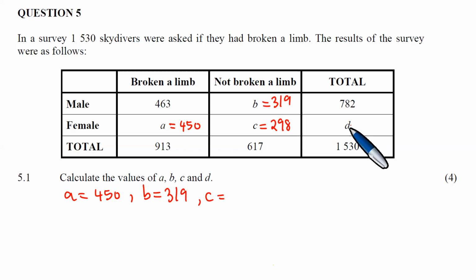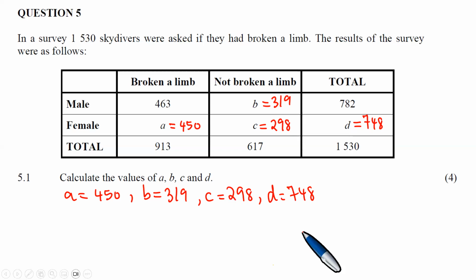Now D must be the number which, when added to 782, gives us 1530. D is actually 748, so 782 plus 748 gives us 1530. We were saying C is 298, and we're also saying D is 748.